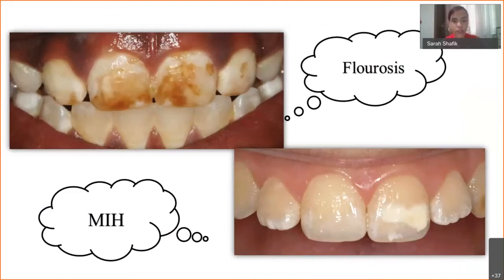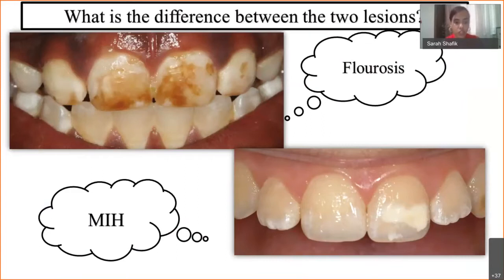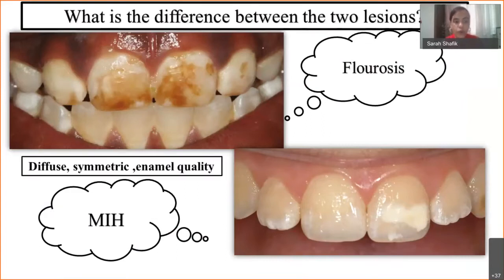Again, something else we have to differentiate is between fluorosis and MIH, or molar incisor hypocalcification. First of all, fluorosis, as you can see, is a diffuse lesion. It's not demarcated. It's symmetric, as you can see that the right and left centrals both have the same type of lesion, and the defect here is in the enamel quality.